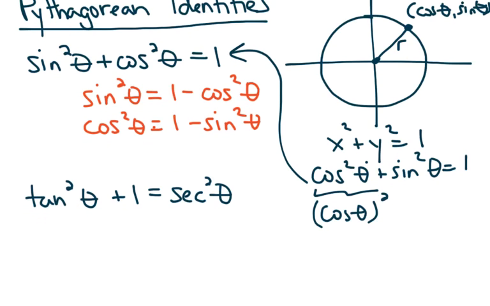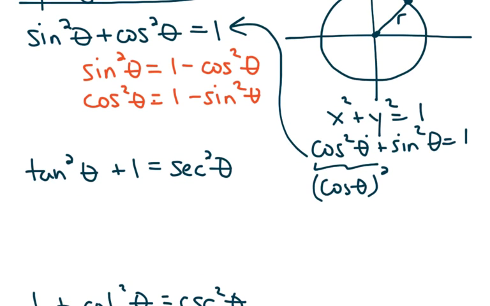Another Pythagorean identity is tangent squared theta plus 1 is equal to secant squared theta. That is going to come from taking the first Pythagorean identity, sine squared theta plus cosine squared theta equals 1, and dividing everything by cosine squared theta.